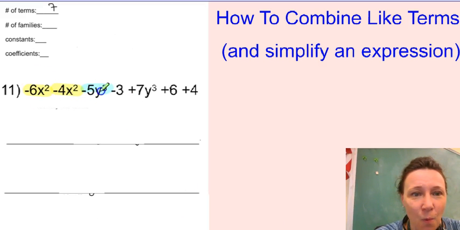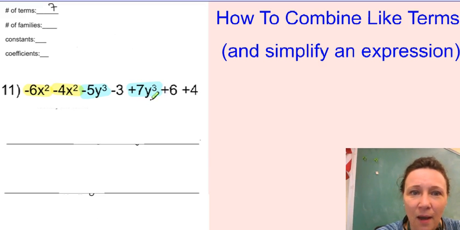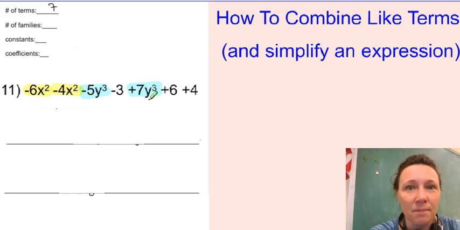Minus 5y to the third power and positive 7y to the third power belong to the family of y to the third power. Remember, terms are considered to belong to the same family, or be like terms, if two conditions are satisfied. They should have the same variable and the same power of that variable.